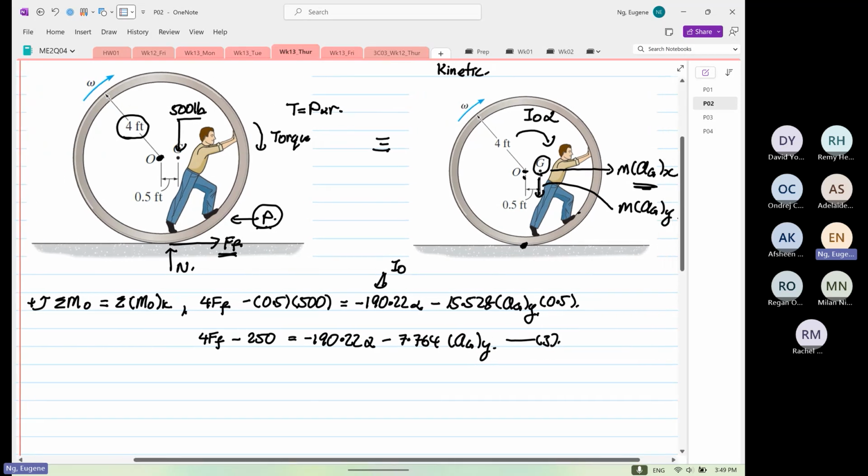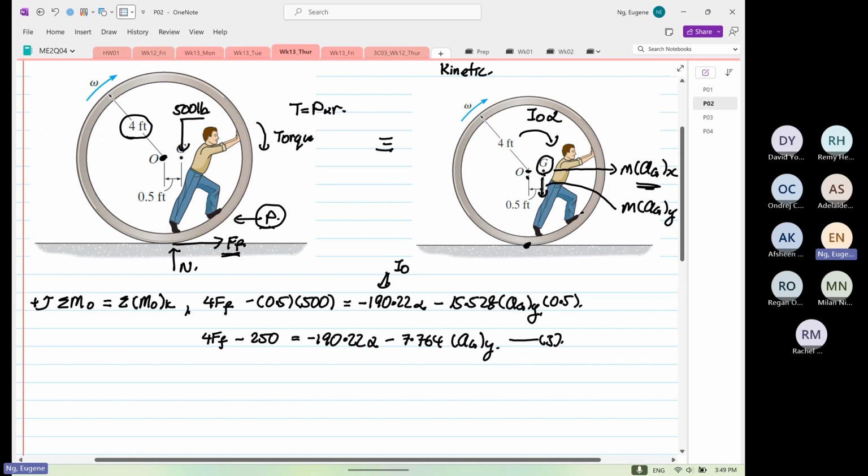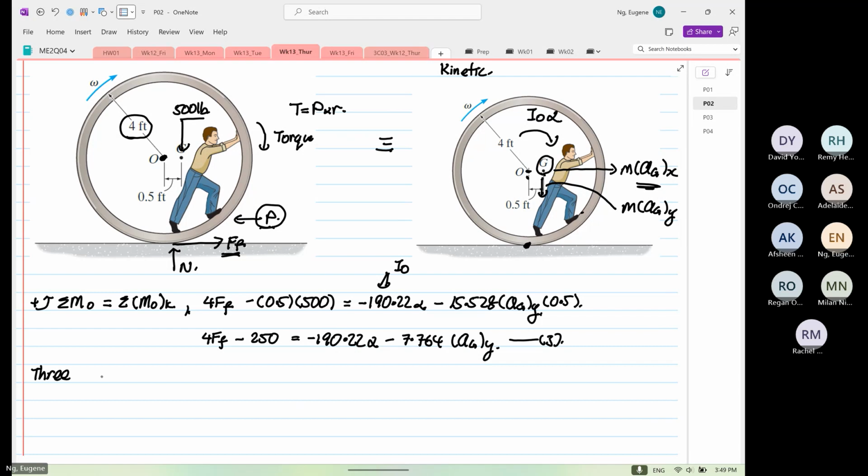At this stage, we check the unknowns. We have 3 equations, and our unknowns are FF, alpha, and AGY.